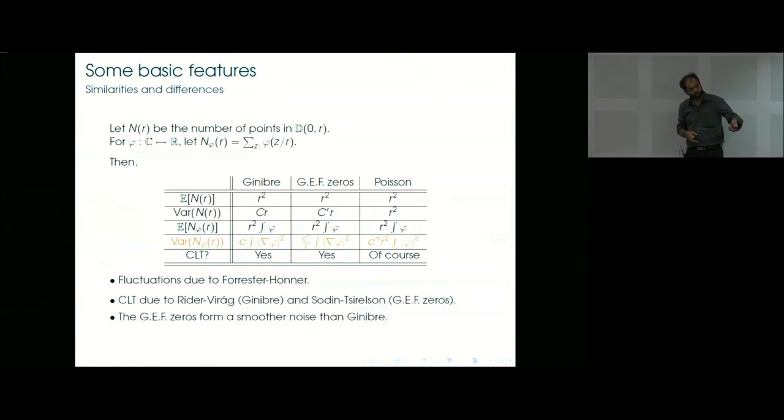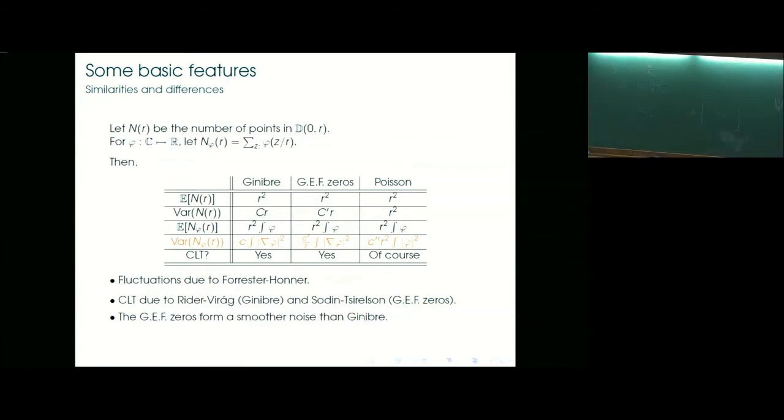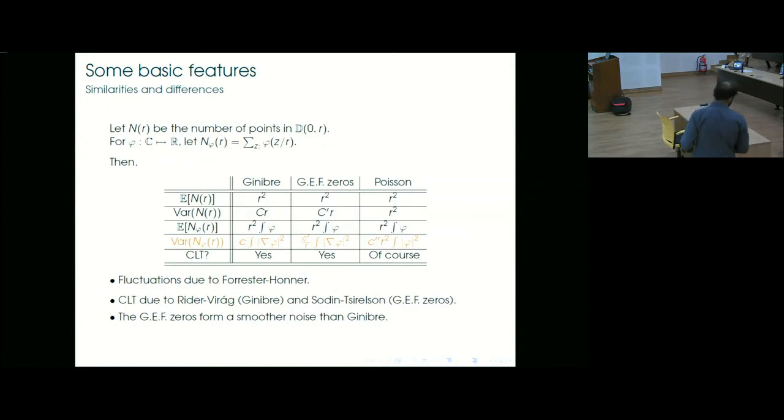Whereas for this, they are becoming products of larger and larger numbers of independent random variables which are extremely ill behaved. So I think this is why the noise in the zeros of the Gaussian entire random functions is smoother compared to the noise in the determinantal process, the Ginibre ensemble. At least, that's the explanation.